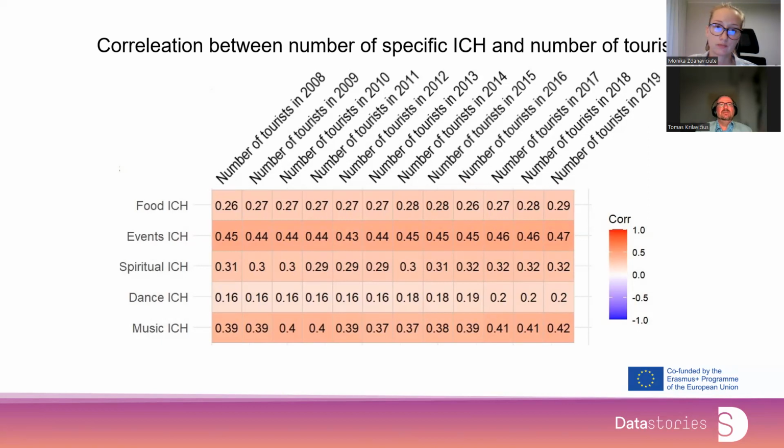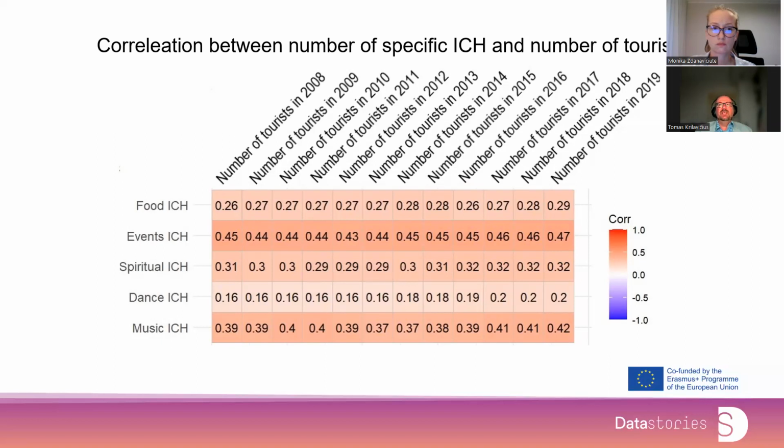So basically, again, how is it useful? Of course, very carefully, you can claim that if you have high correlations, it means that organizing such events may increase the number of tourists more, while, for example, in this case, organizing dance events is not going to have such a strong influence. In the case of dance, we see very slow growth, while for music there is also some growth, and in events it fluctuates but grows as well.